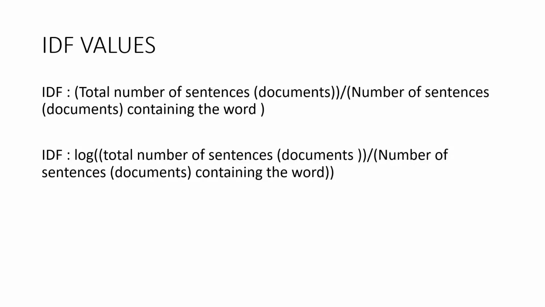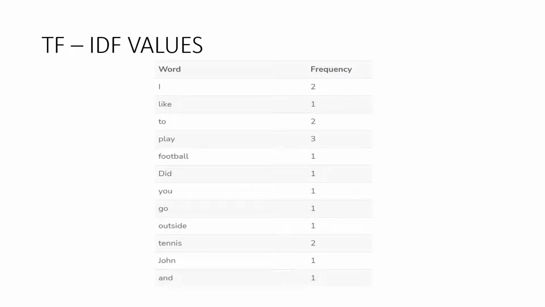TF-IDF values are calculated by multiplying TF values with their corresponding IDF values. To find the TF-IDF value, we first need to create a dictionary of word frequencies as shown here. This is the word frequencies. You can see word I frequency 2, like it's 1.